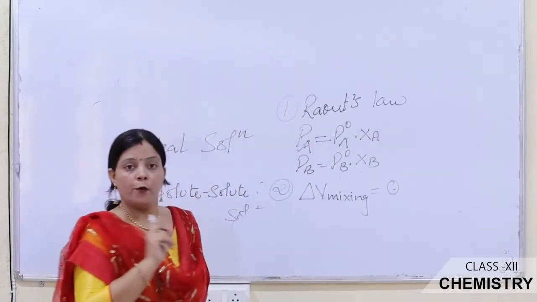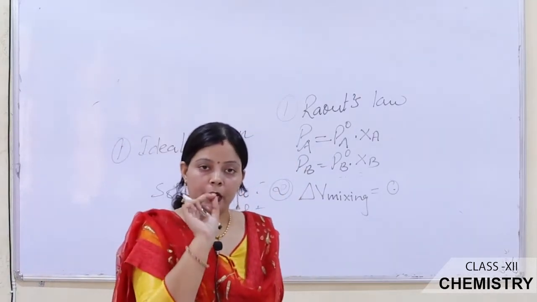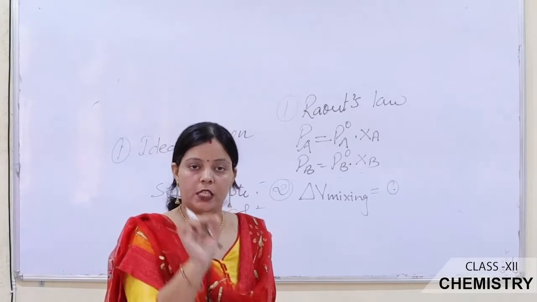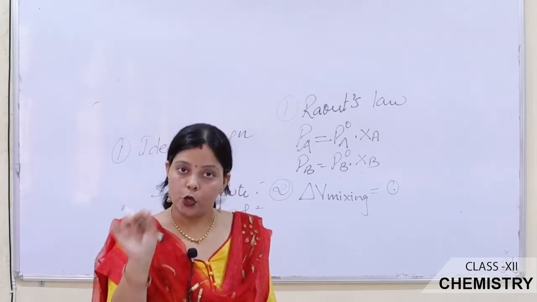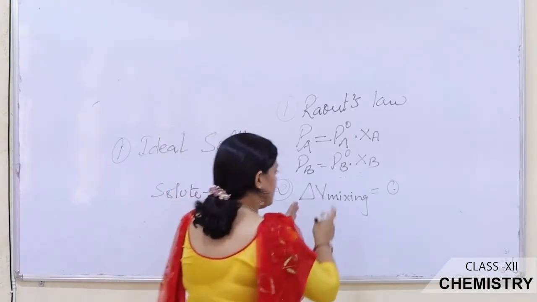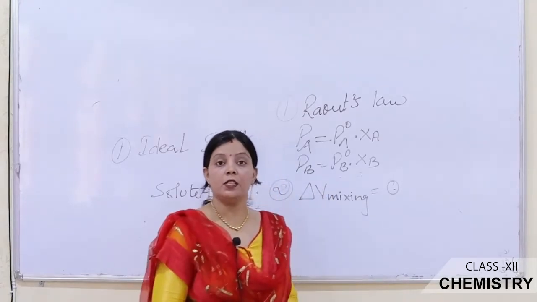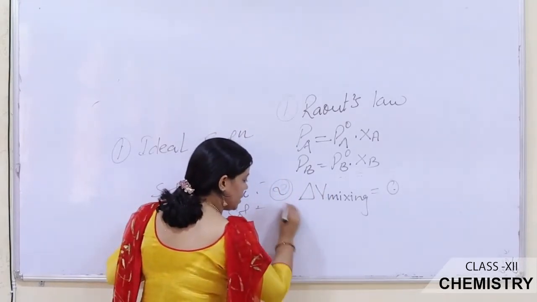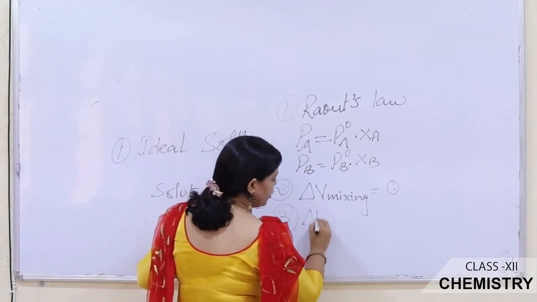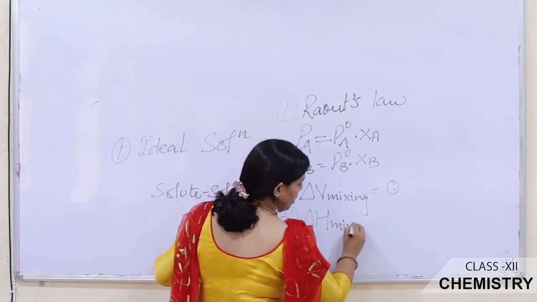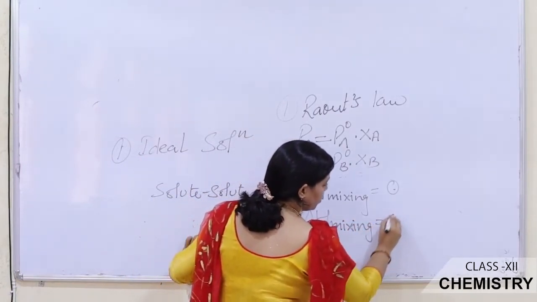It means when we mix a particular amount of liquid solvent with a particular amount of liquid solute, no change in volume is observed. And the third condition is that delta H mixing is also equal to 0.